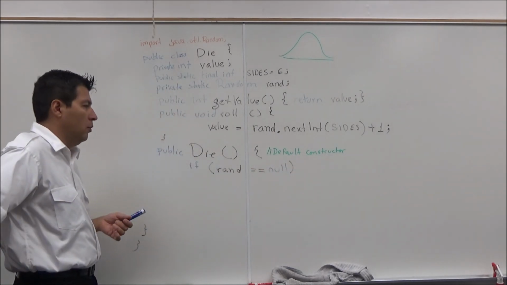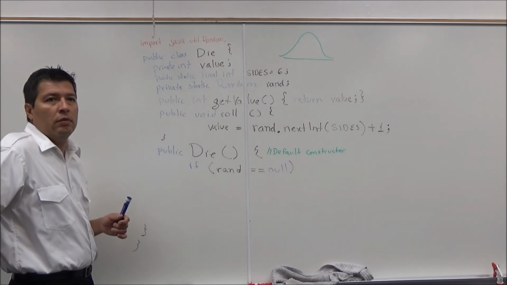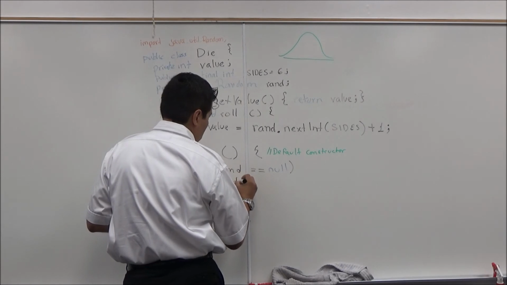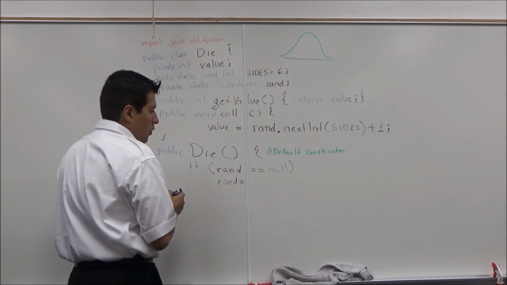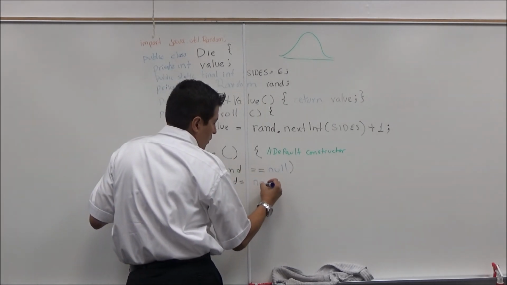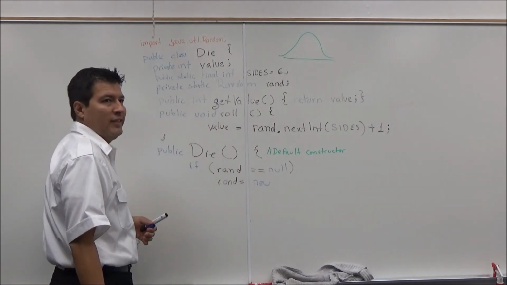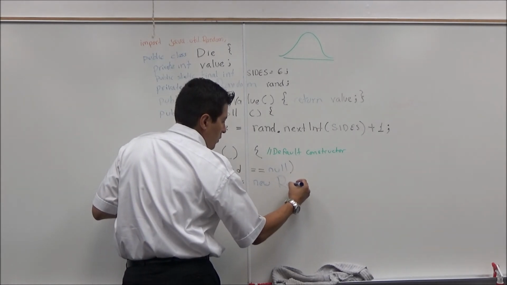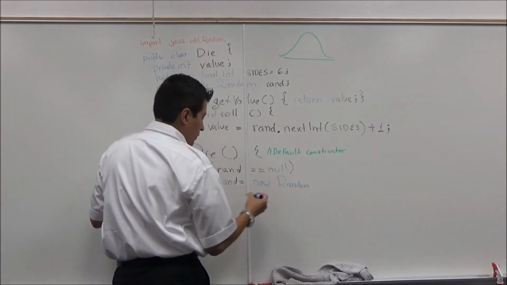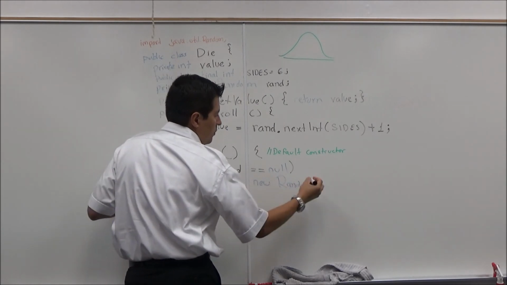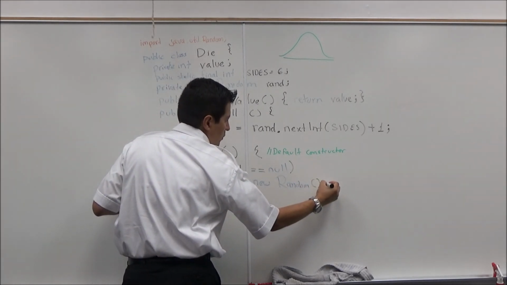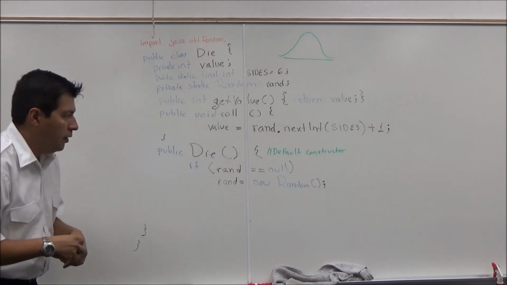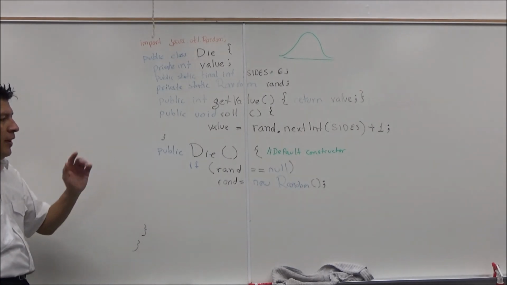If it's null, then what do you do? Just create it, right? Create things. You use the new keyword to instantiate a class. Okay, now my roll will work because rand exists.